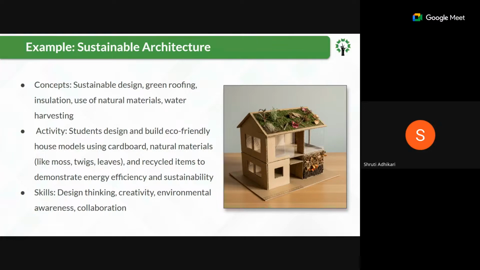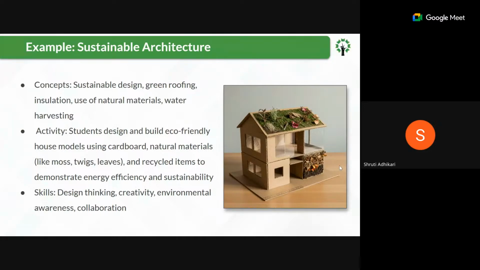And how are the STEM concepts being used? We all know the science concept is used here. Technology, like how they are attaching the cardboard parts. This all comes under technology: what components, what devices, what simple tools they are using for building this house.